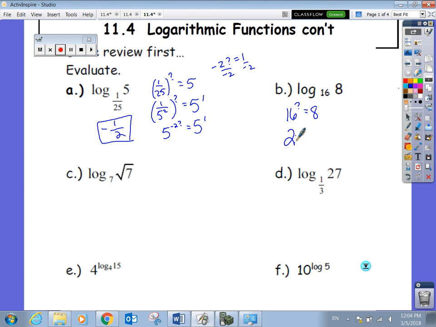So that's 2 to the 4th times what equals 2 to the 3rd. Now that we have like bases, we can say 4 times what equals 3. Divide by 4, and you get your answer. Okay, that's the work to get to the answer. If you can't just look at that and get to the answer, that is what you do. If you're confused what to do, that's what you do. You write it down.